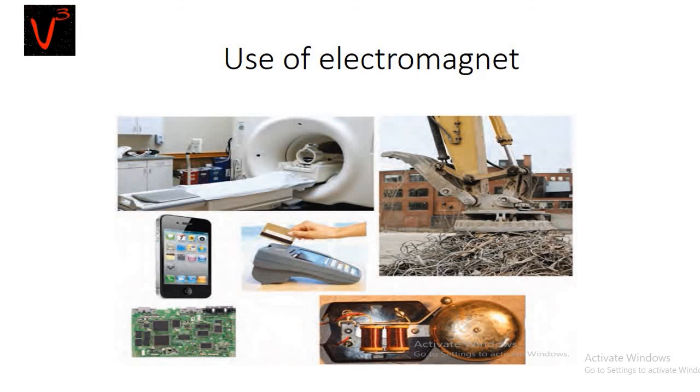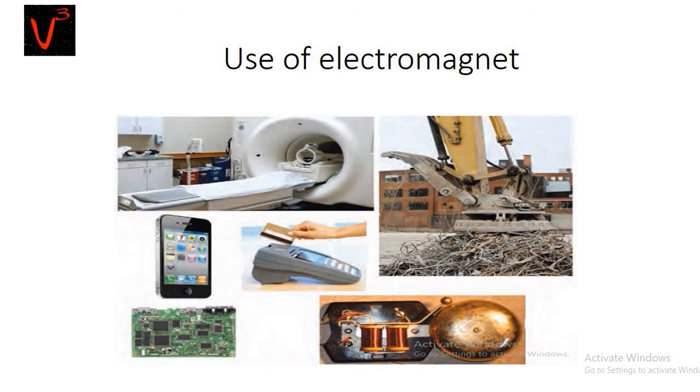On the other hand, the magnet fixed to a pin holder or the door of a cupboard are permanent magnets. Permanent magnets are made up of a mixture of nickel, cobalt and iron. For example, the material Alnico is a mixture of aluminium, nickel and cobalt. Here in the images you can see an MRI scanner.